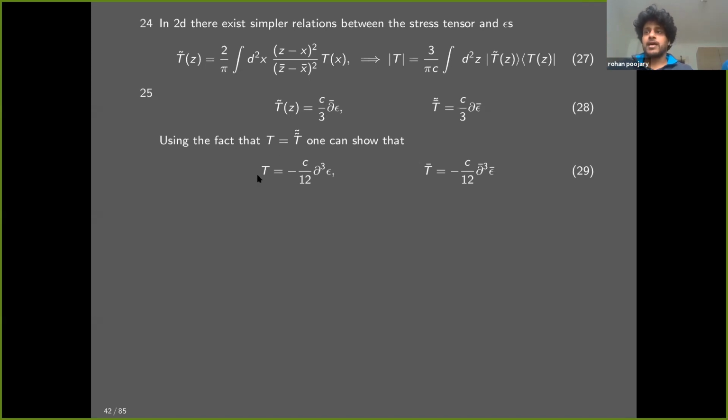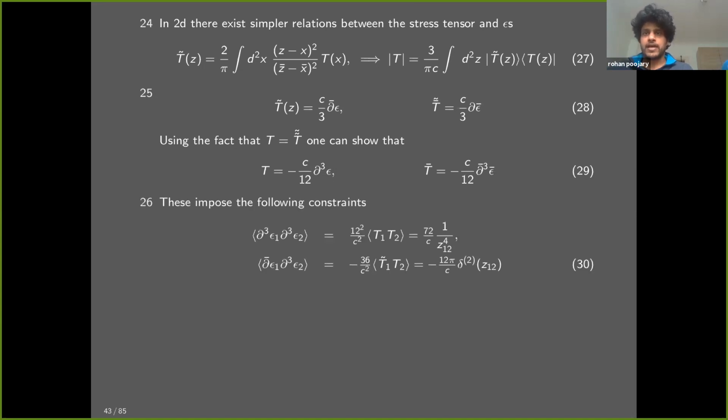Okay. Correspondingly, what happens is that you can also show that the stress tensor is a descendant of epsilon, and you can show that in 2 dimensions it's just like del cube of epsilon. And this is a straightforward exercise. You can play around with these definitions. I'll not go into it, but you can also show this. The basic standard definitions of T and T tilde. Okay.